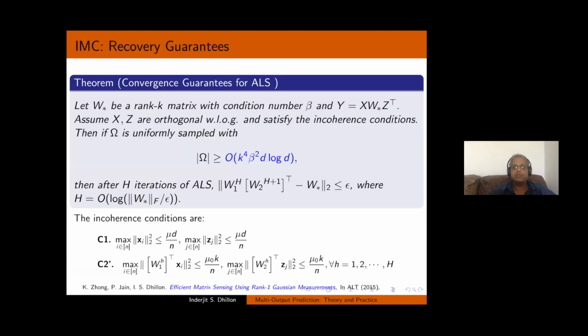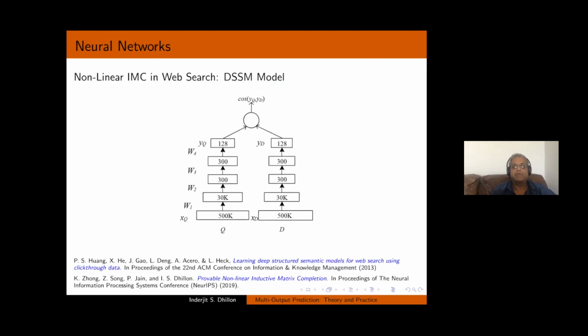So now the question is, all this talked about linear inductive matrix completion. And if I look at some literature which has been in the practice of deep learning, this is a paper in 2013, Learning Deep Structured Semantic Models for Web Search.